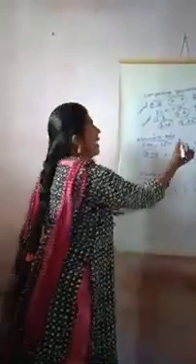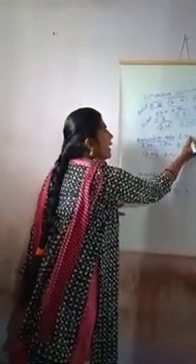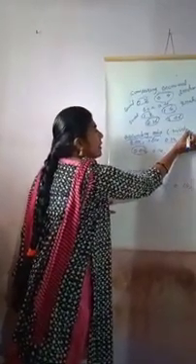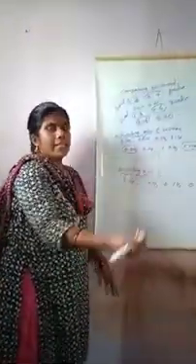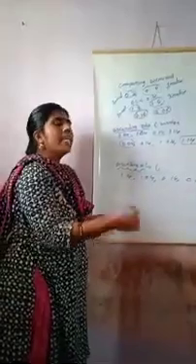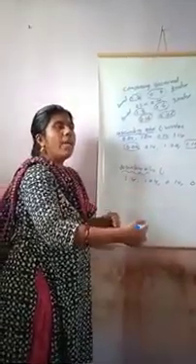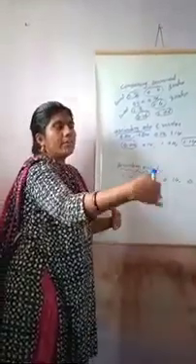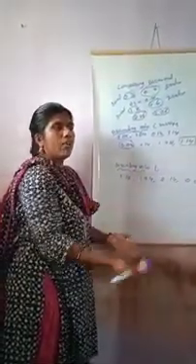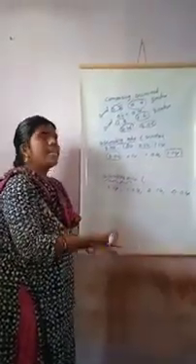ascending order is increasing. Descending order is decreasing. Ascending order is increasing, so from one number to another number it is increasing. Okay children, ascending order is increasing.